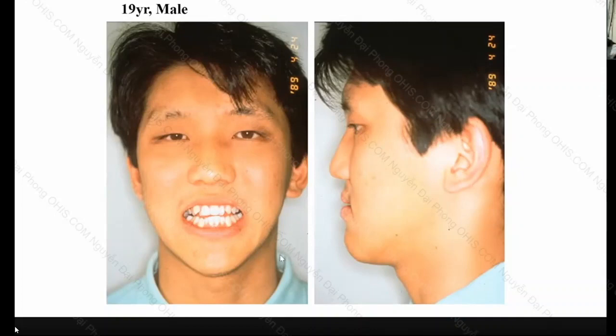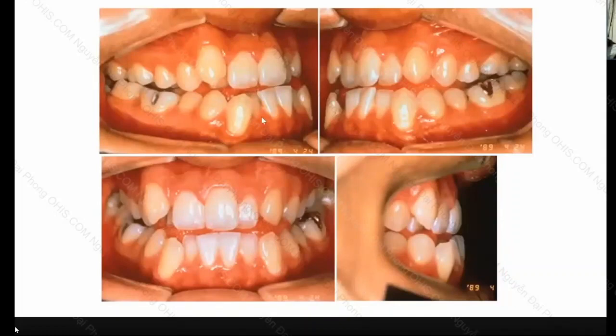But okay, occlusion like this. This is 1989. At that time, I saw him. Then, okay, maybe without surgery it is possible to treat. Then we started the treatment.